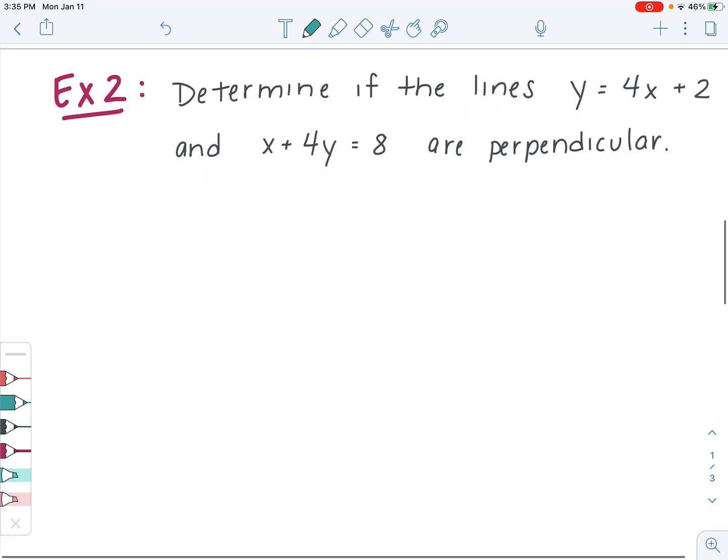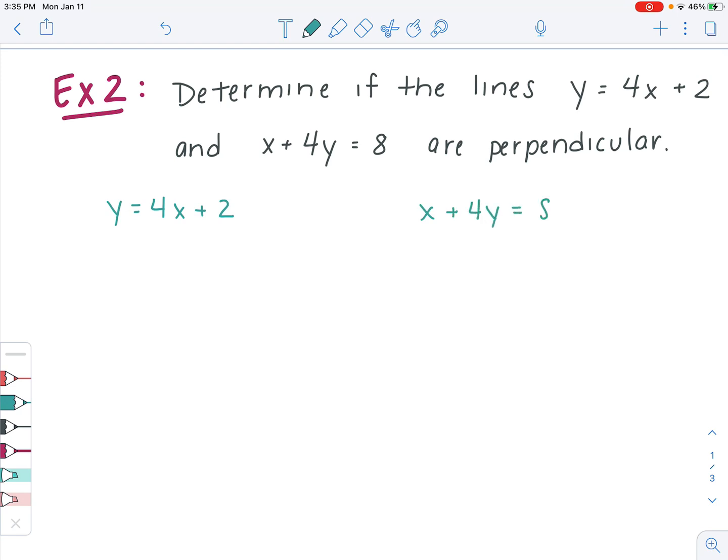So let's look at an example. If they give us y equals 4x plus 2, and they give us x plus 4y equals 8, and they want to know if they're perpendicular, we're going to take each line and find the slopes, because if the slopes are opposite reciprocals, then we can decide if they are perpendicular.